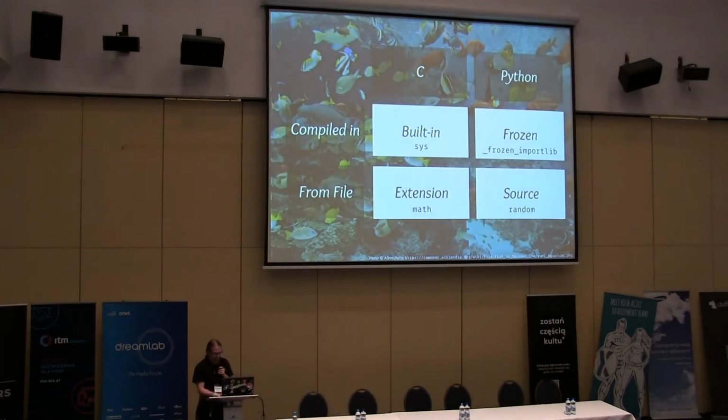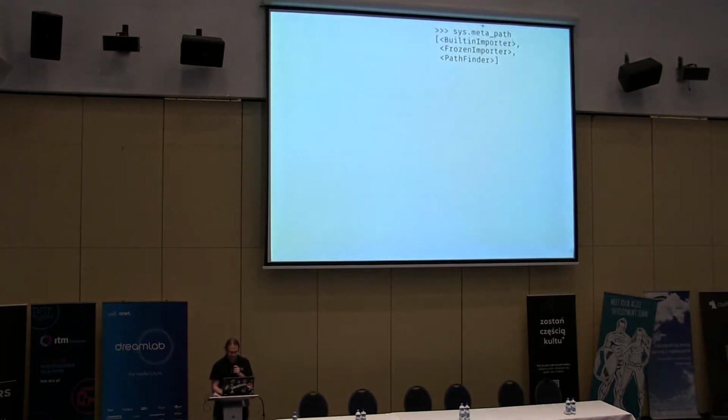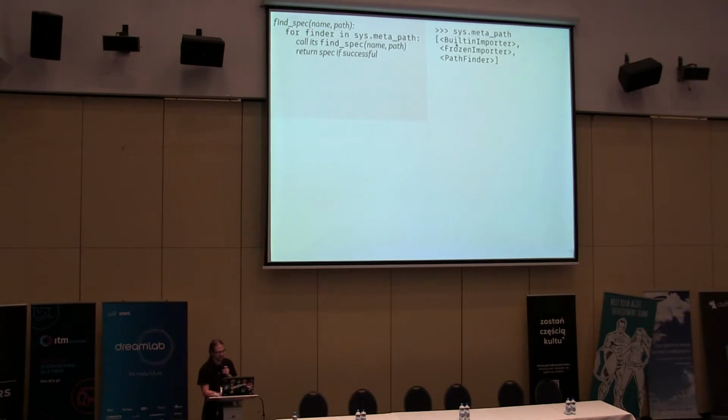Right, so how do we load all this? There's this variable called sys.meta_path that tells Python what to do when a module is imported. What find_spec does is just go through this, and when it finds something for the module it's loading, it calls its find_spec method.